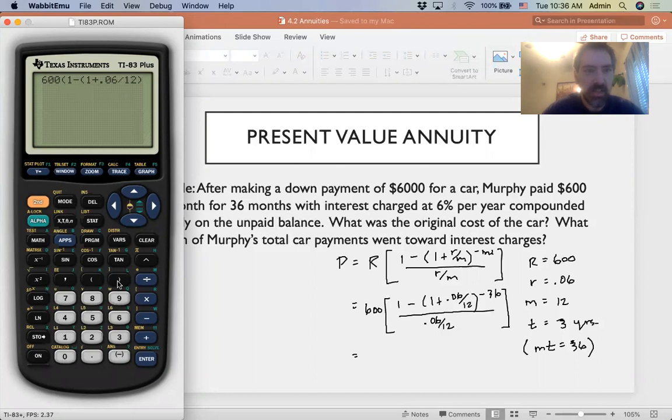Close that inside parentheses and raise it to the negative 36. Close the opening parentheses and then divide by 0.06 divided by 12. Remember the parentheses around that 0.06 divided by 12 in the denominator. And this gives us the present value annuity.